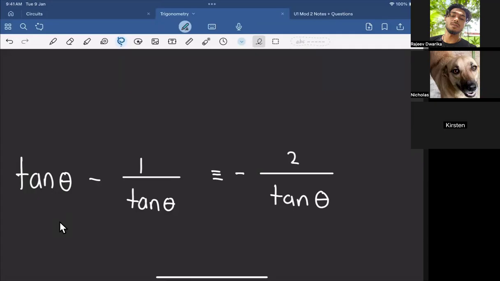Any breakthroughs, Nicholas? From what I have, the last thing is to cancel out the squares in the denominator. Okay. Did you see any light?